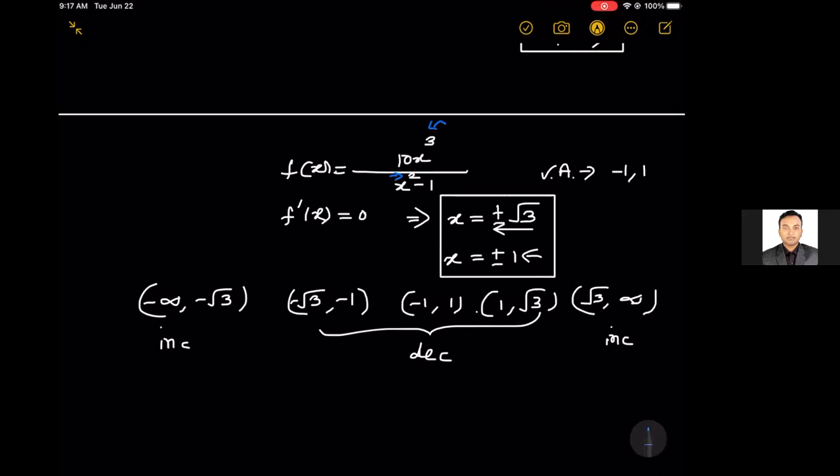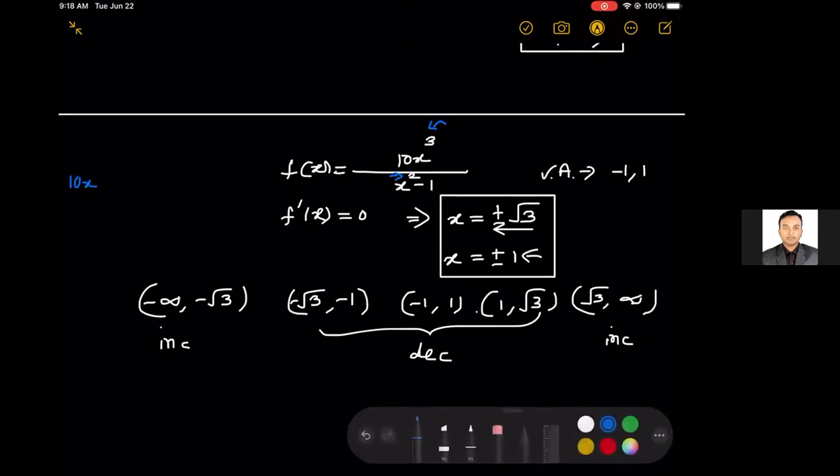And how to find it? Again, a quick reminder, you just divide it, nothing else. You just find the quotient for this fraction, nothing else, okay?